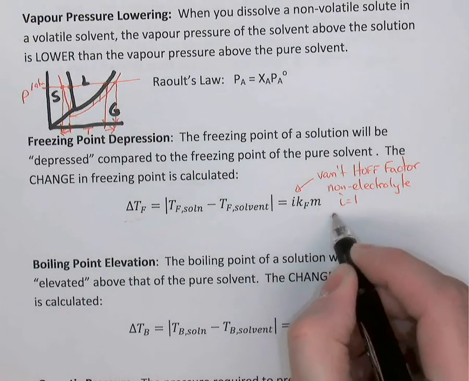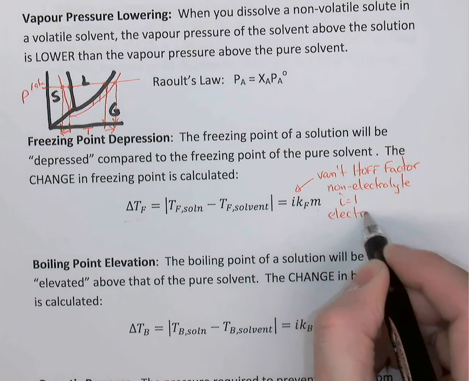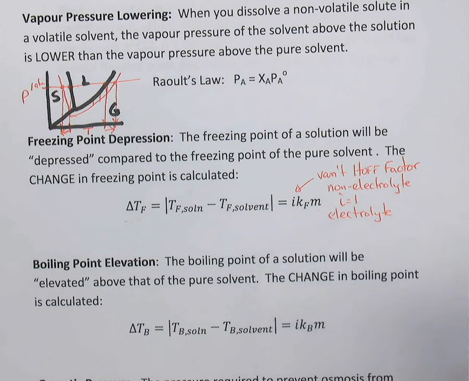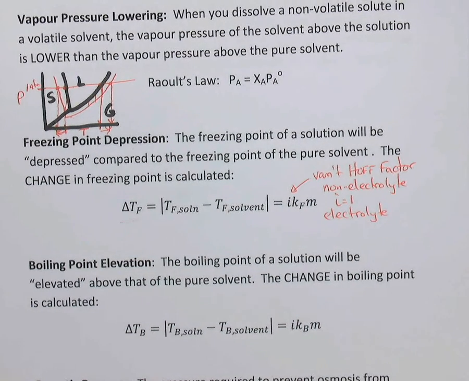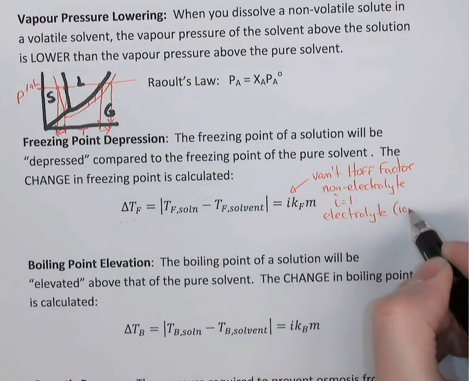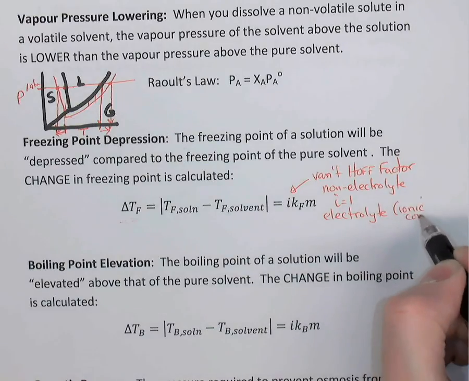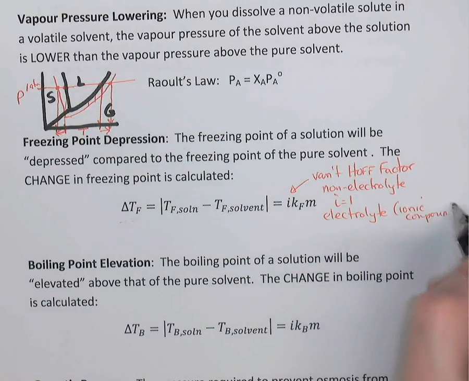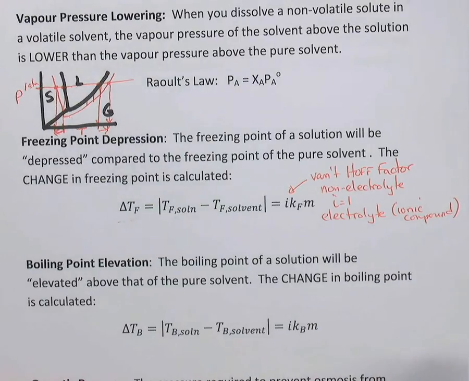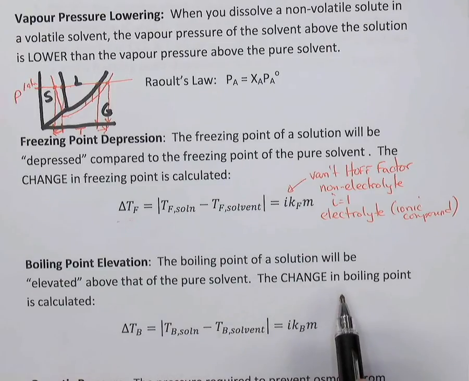But what happens if you're dissolving an electrolyte? Another name for that would be an ionic compound or a salt. There are also acids and bases, as we learn in grade 12 chemistry, but here we'll just consider salts as being electrolytes. When they dissolve in water, they break apart, they dissociate, they ionize.